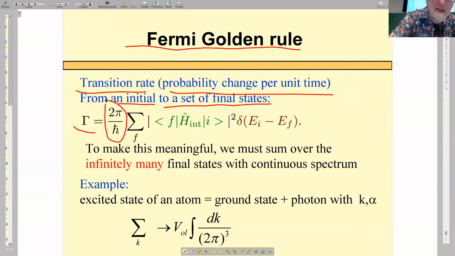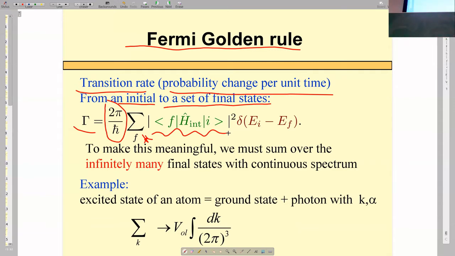Okay, first, summation over all final states. That's natural. If we have probabilities of different outcomes, the total probability can be just the sum of these probabilities. All right. So we have here a square of something which has dimension of energy.